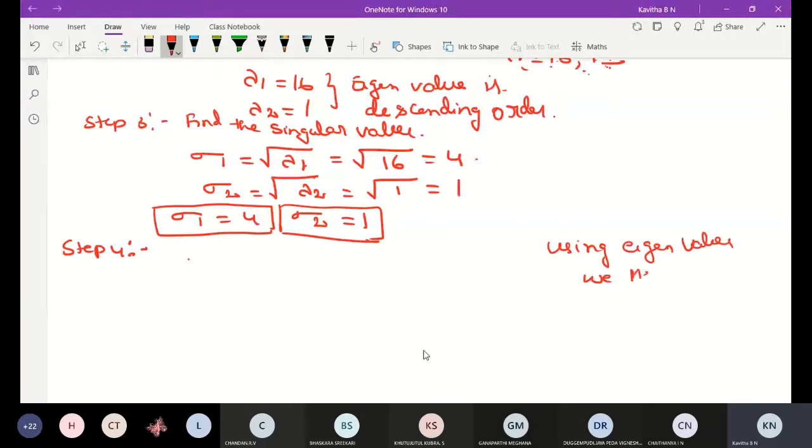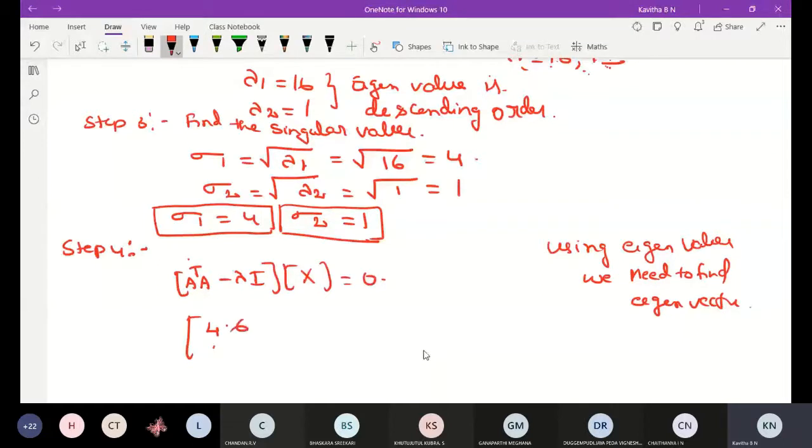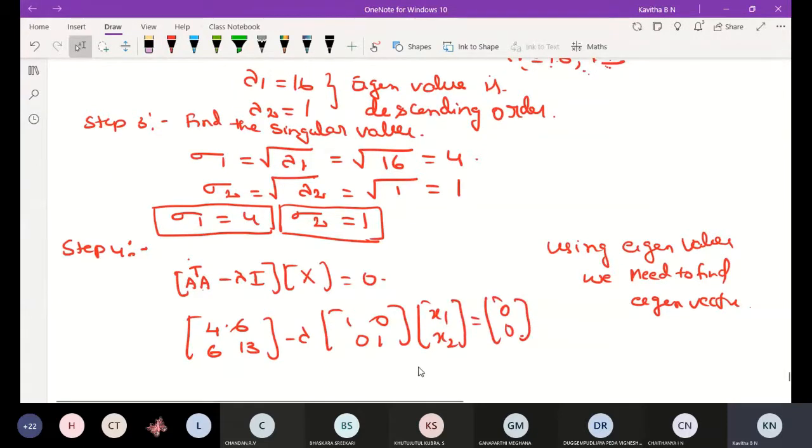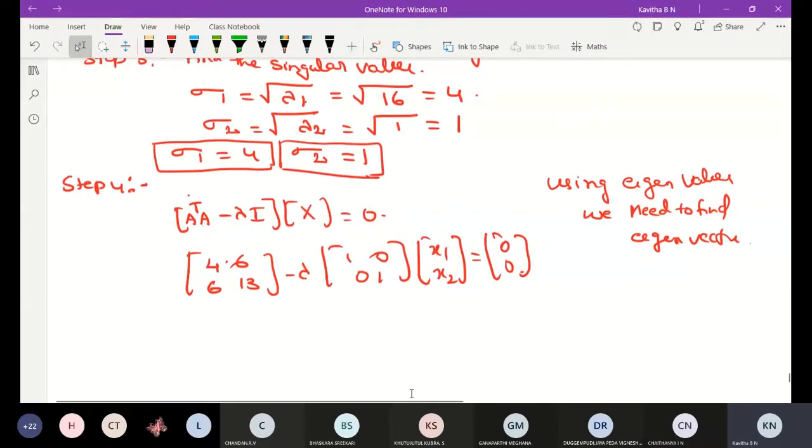Means A into A is 4, 6, 6, 13 minus lambda into 0, 0, 1 into X, we are writing x1, x2, is equal to 0, 0. Then simplify here: 4 minus lambda, 6, 6 and 13 minus lambda into x1, x2 is equal to 0, 0.